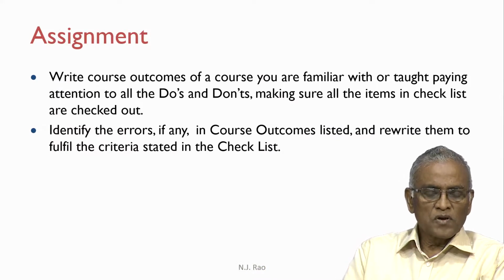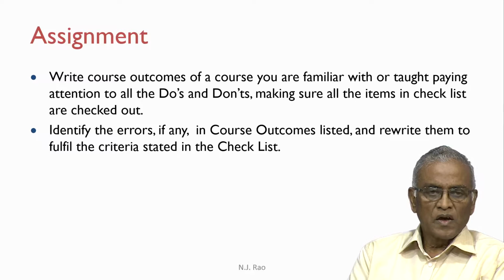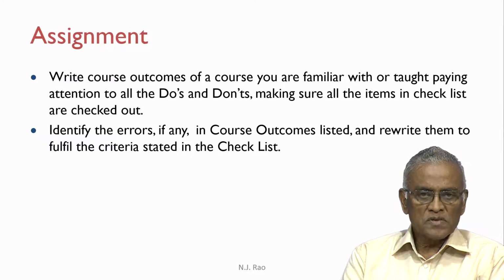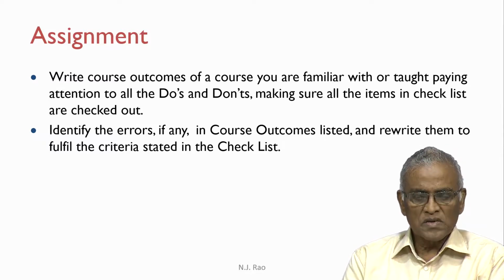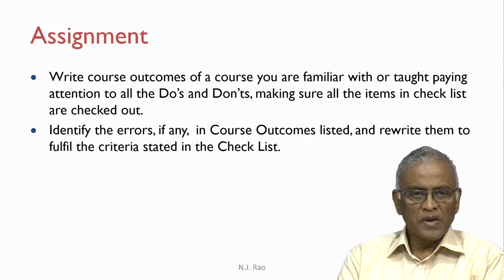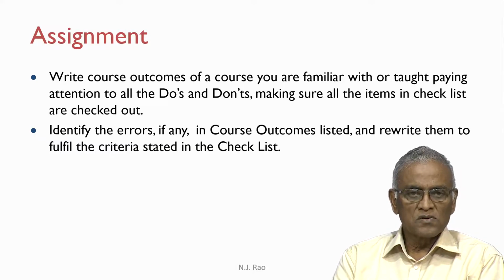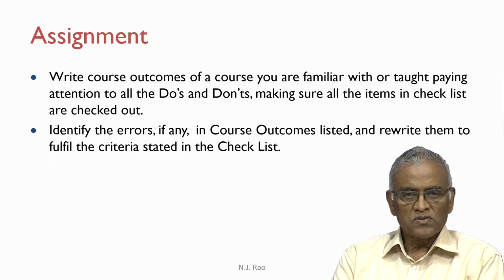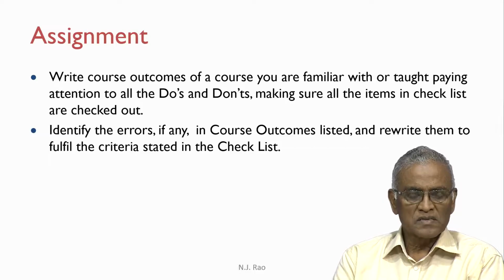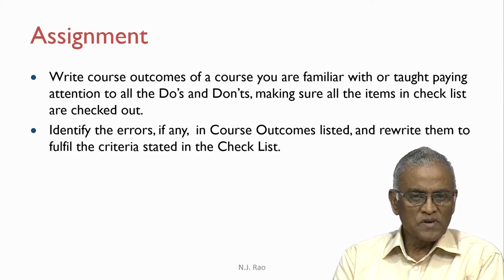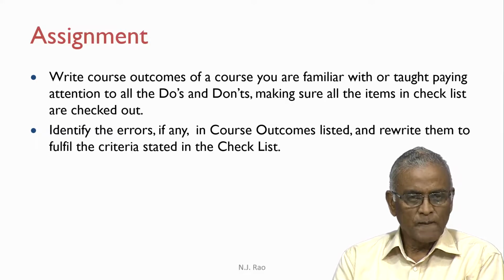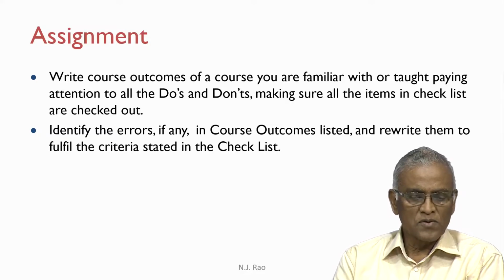Now what we want you to do is write course outcomes of a course you are familiar with or have taught, paying attention to all the do's and don'ts, making sure all the items in the checklist are checked out. In the earlier unit you wrote some samples of course outcomes: what the elements are and how to include them.